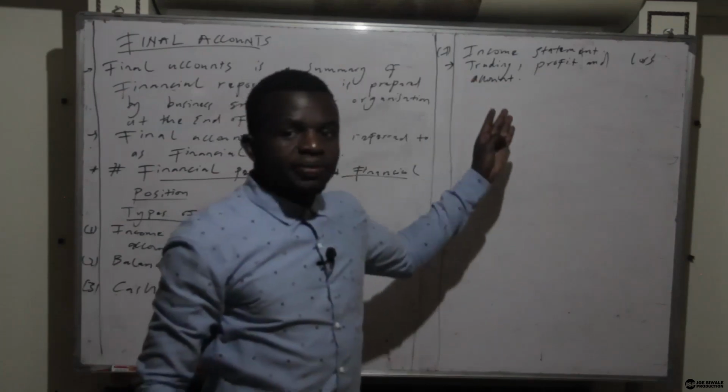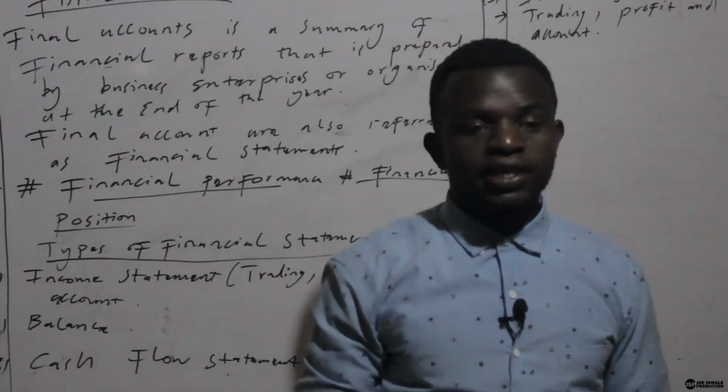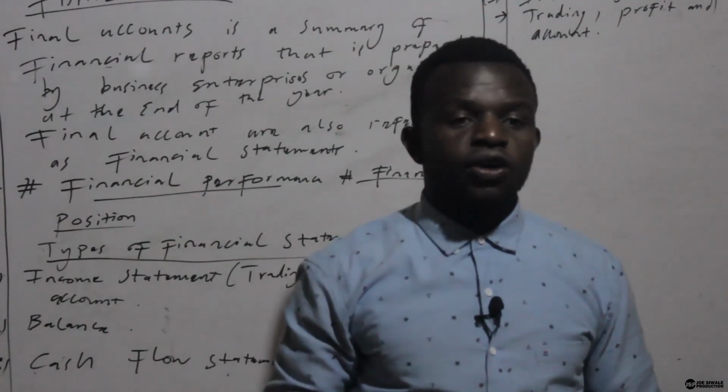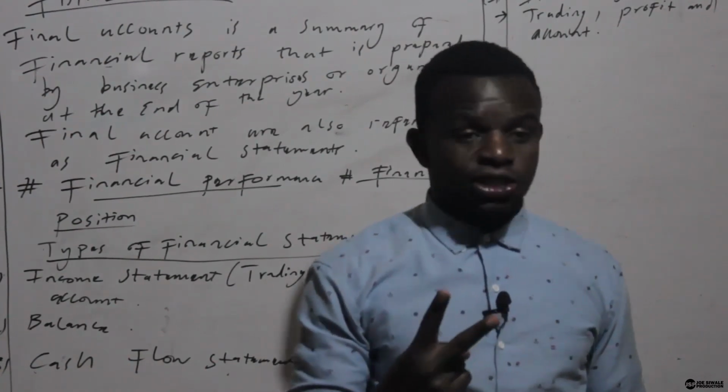So the income statement actually shows the gross profit or loss of the business. It also shows the net profit or loss of the business. And this income statement is divided into two parts.